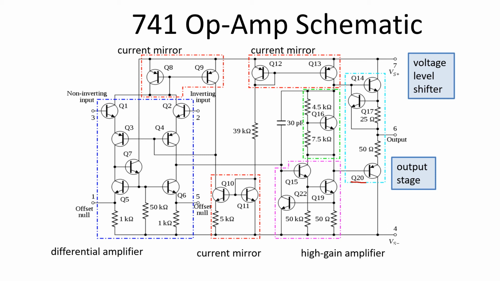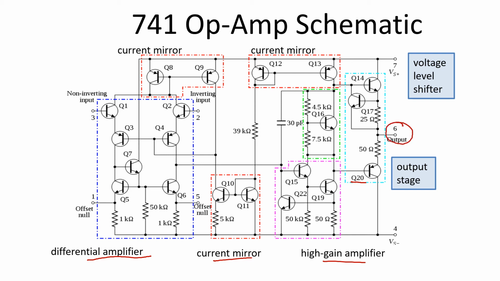The first stage is the differential amplifier, where pin number 2 and pin number 3 are compared. The next stage is the current mirror, and the final stage is the high gain amplifier. You can also notice this is pin number 6.